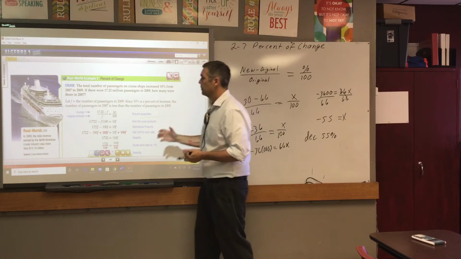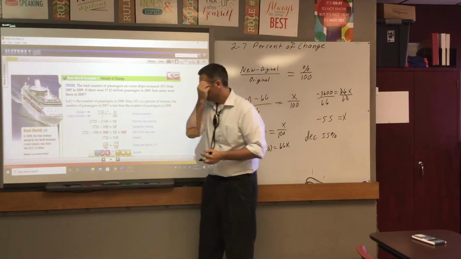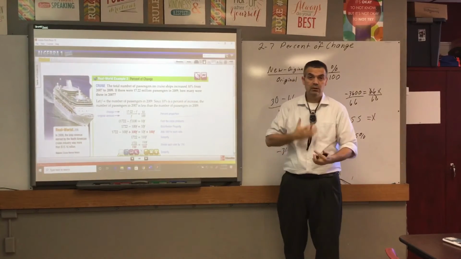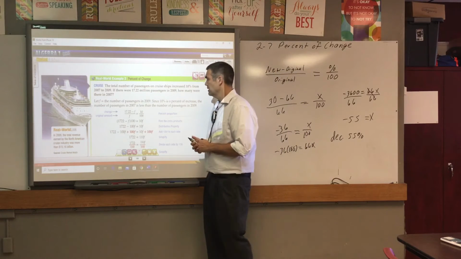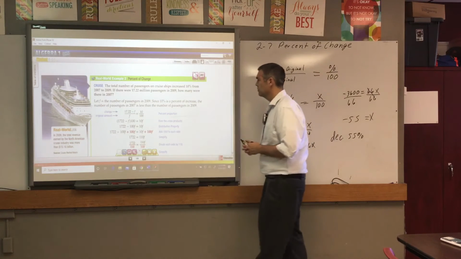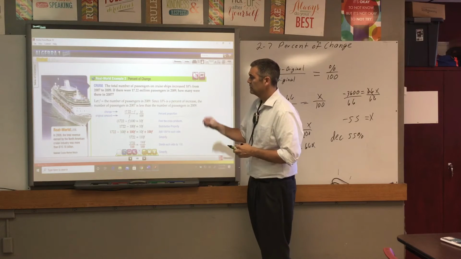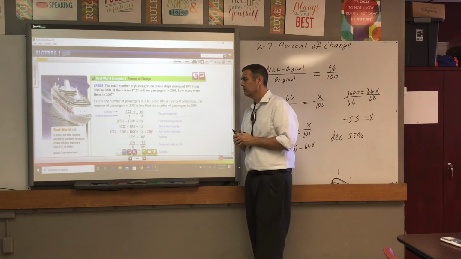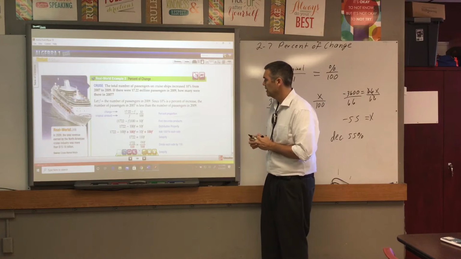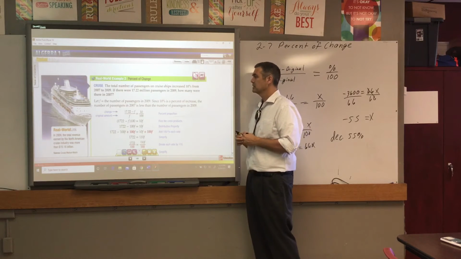All right, percent of change. These are the word problems that you're going to see dealing with this type of setup. The total number of passengers on cruise ships increased 10% from 2007 to 2009. If there were 17.22 million passengers in 2009, how many were there in 2007?